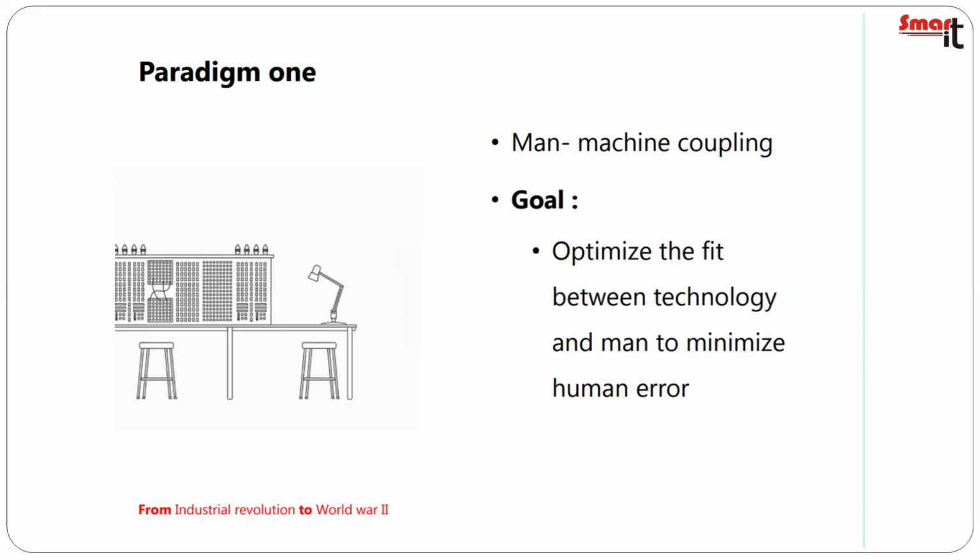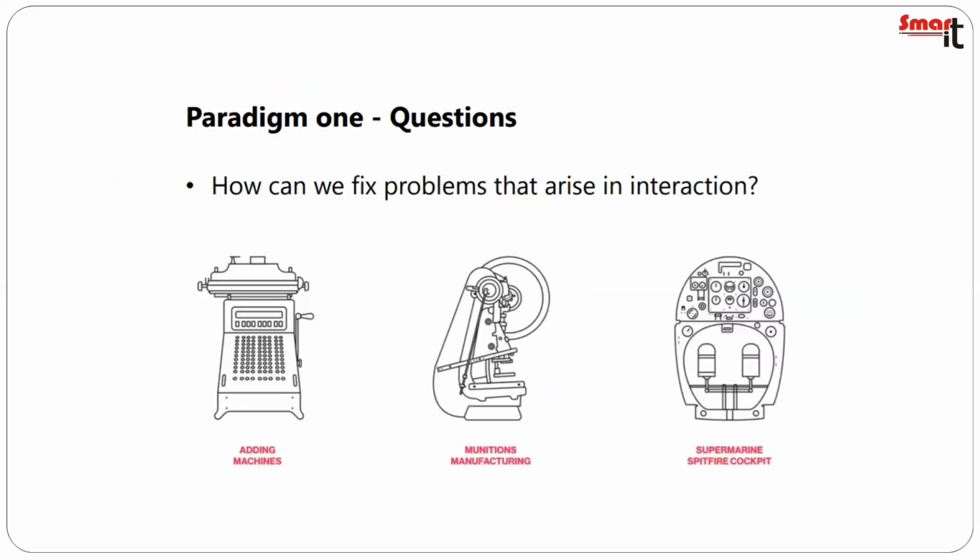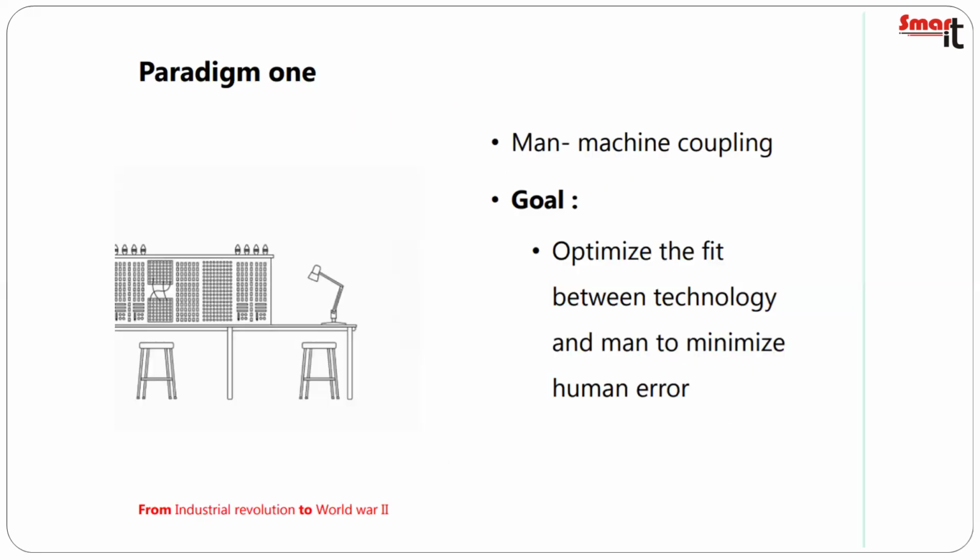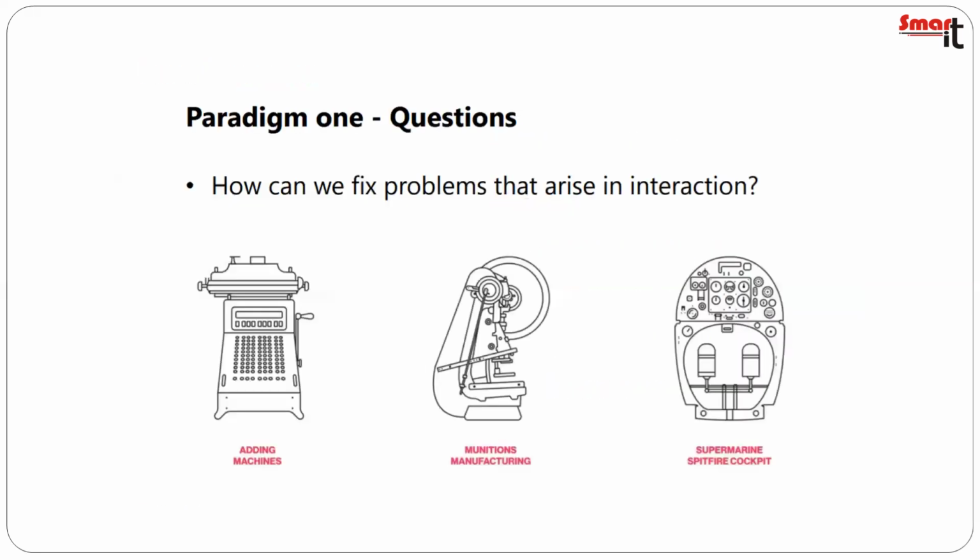In paradigm 1, the question is how can we fix problems that arise in the interactions? Only that is the focus. How can we minimize the problems that arise when we interact with computers?